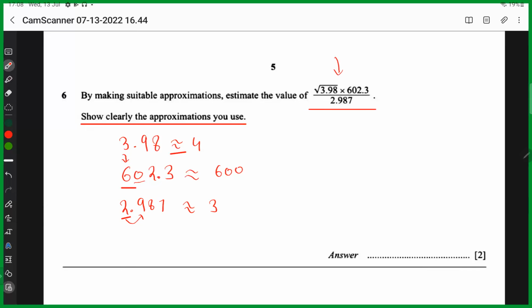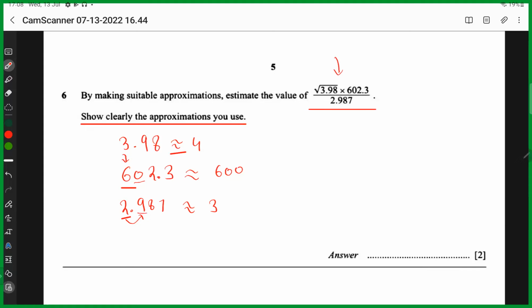So 3.98, rounded off to one significant figure, would become 4. 602.3, rounded off to one significant figure, would become 600. And 2.987. One significant figure means either it would be 2 or 3, but since the number after 2 is greater than 5, it would become 3.